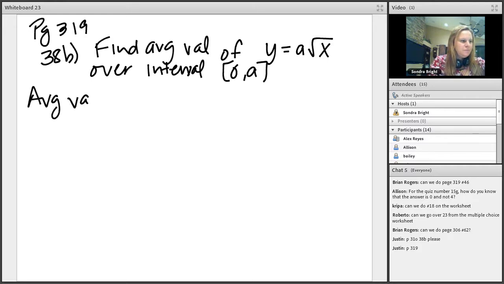All right, so average value of a function is 1 over, okay, don't be confused, it's not the same a, right?